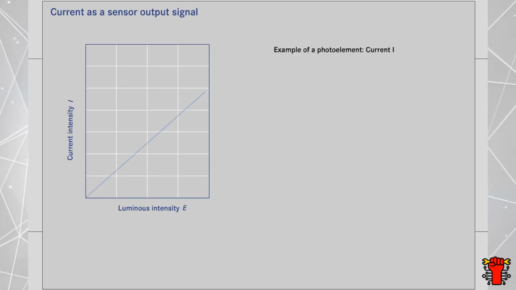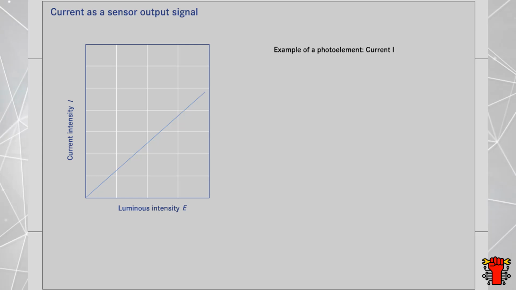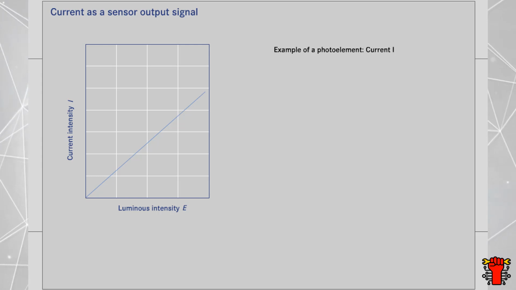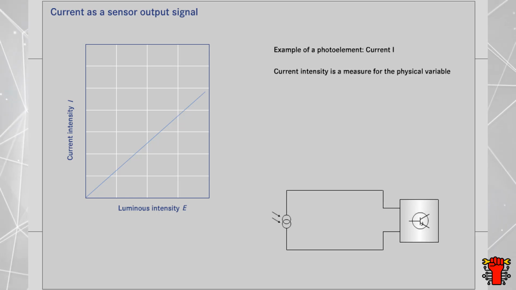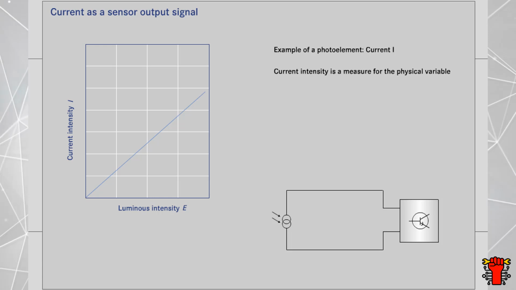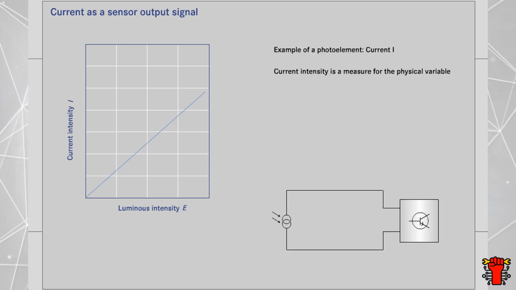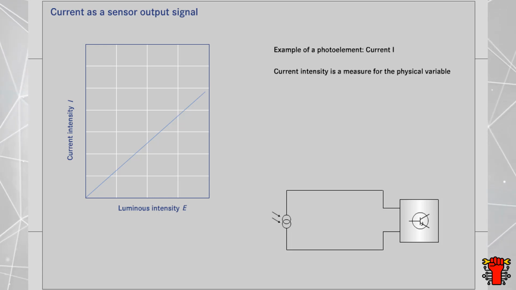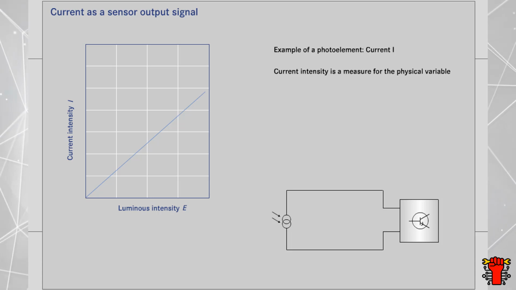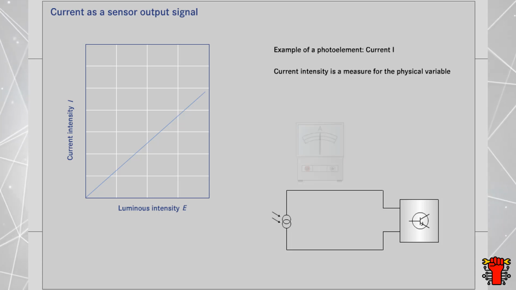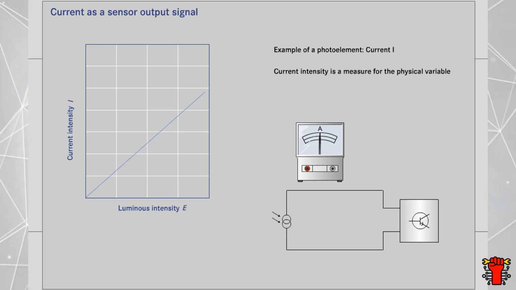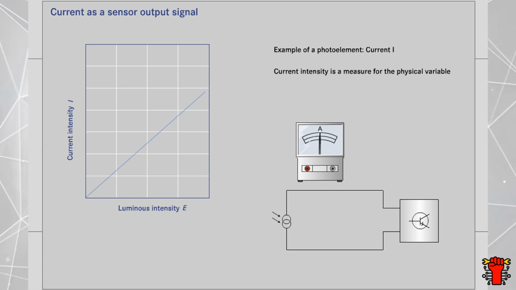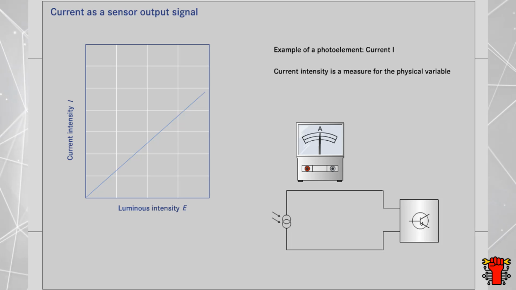Other sensors, such as photo elements, for example, generate a current signal at their output. The current intensity is used by the control module as a measure for the physical variable. In the case of photo elements, this is the luminous intensity. To measure the current, the electric circuit has to be interrupted at one point to connect the ammeter.